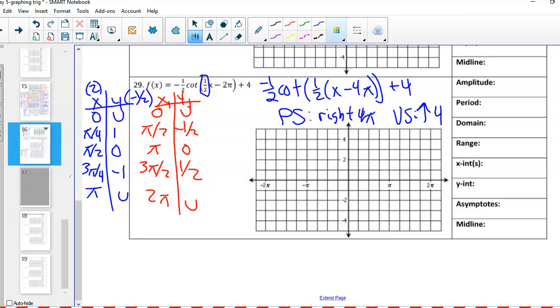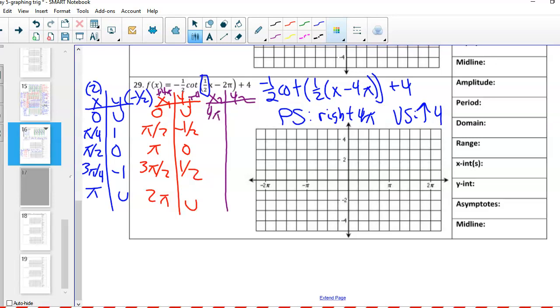And then we are adding 4 pi to our x's and adding 4 to our y's. So plus 4 pi to x, plus 4 to y. Plus 4 pi to x, to y.